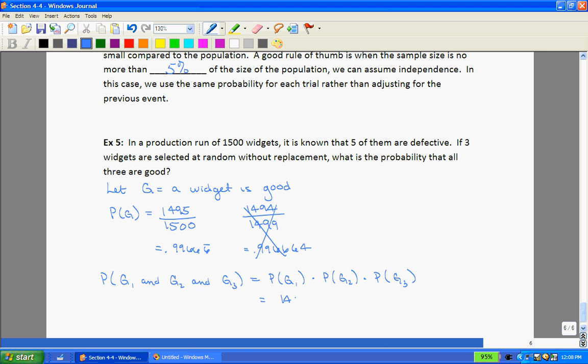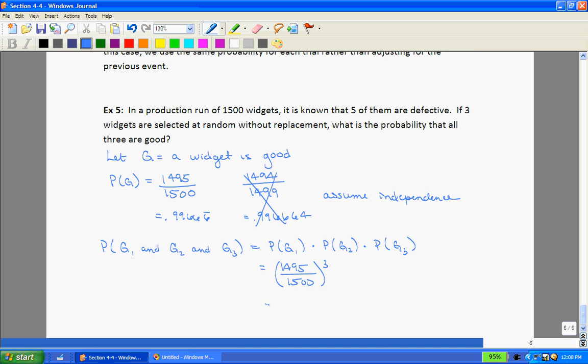So we have 1,495 over 1,500, and I'm just going to raise that to the third power. So here, instead of doing these other calculations, we're just going to assume independence. And it's not wrong at all if you chose to do it the other way. It's just we can save a little bit of time and not worry about such complicated numbers.